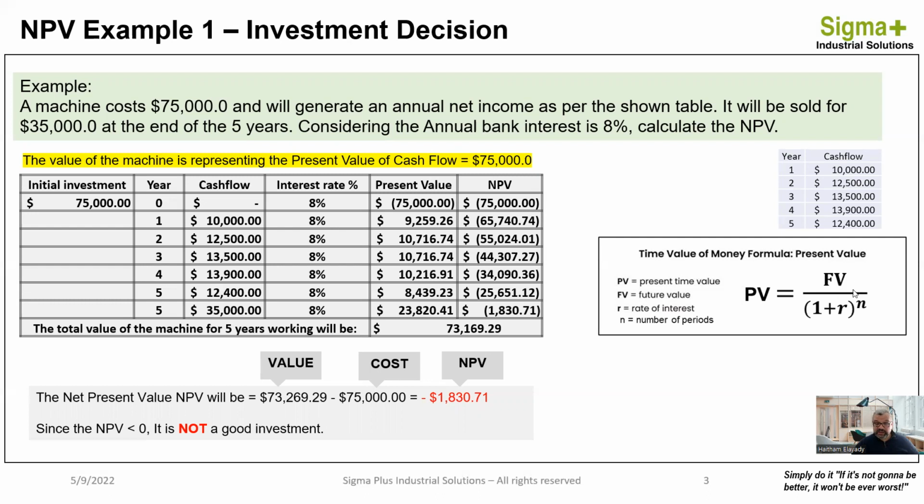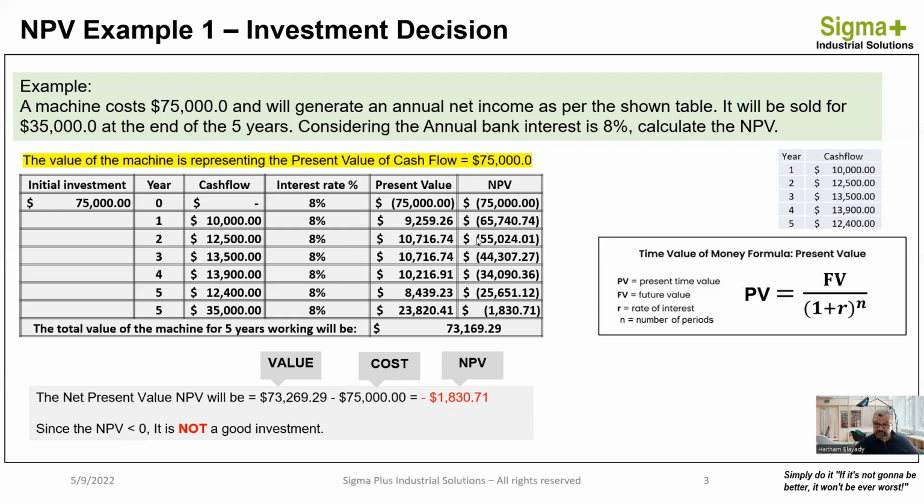The future value for the first year is $10,000, divided by 1 plus 0.08, the 8% interest rate, to the power of 1, because this is the first year. If I do that calculation, the present value for the first year is $9,259.26. In the second year, I will get $12,500, which has a present value of $10,716.74.